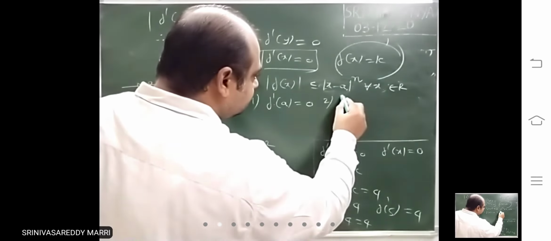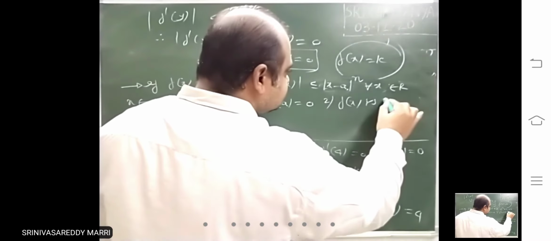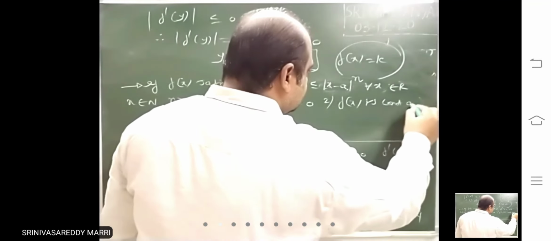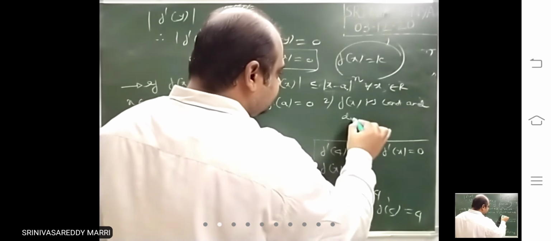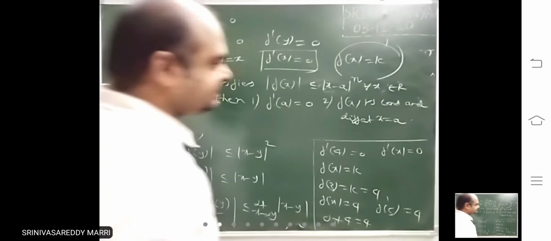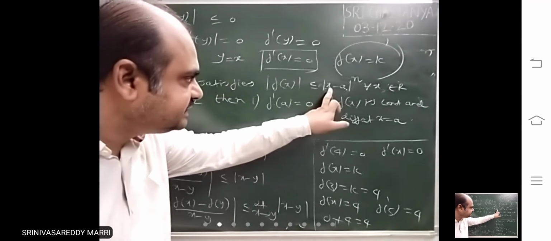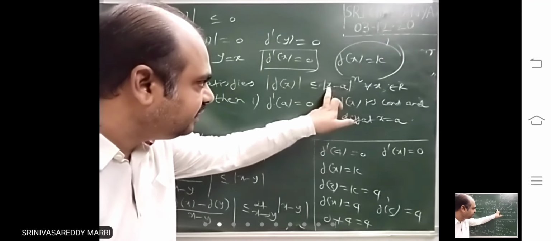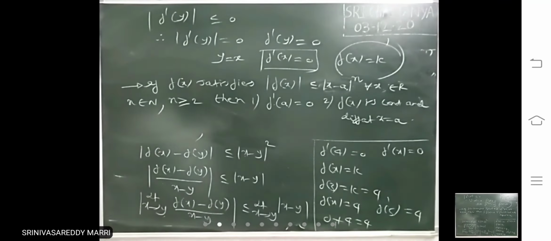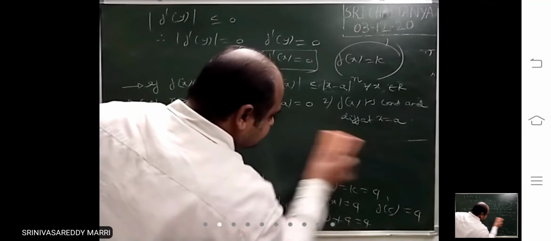Number 2, f of x is continuous and differentiable at x equal to a. You can say that if this type of equation is there, it will be differentiable at x equal to a. Look at it, I will tell an example for this.